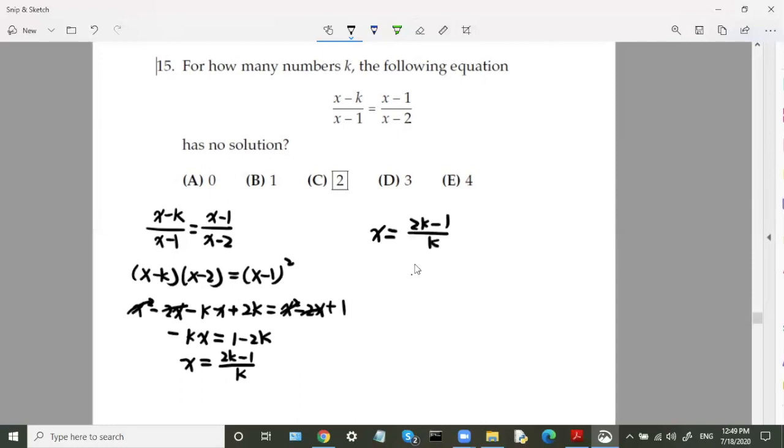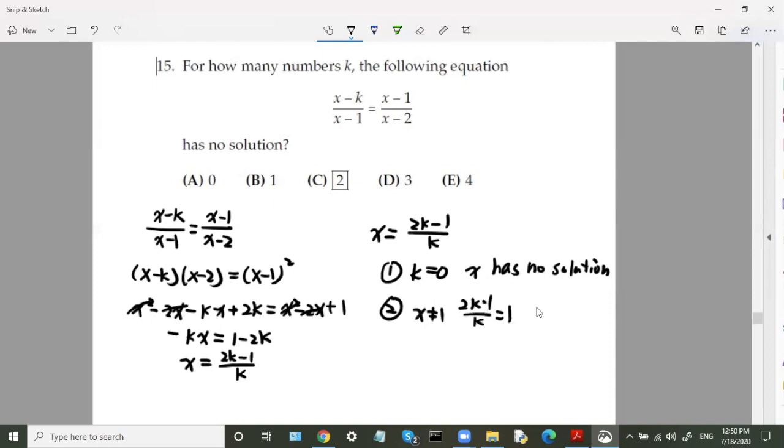So x equals (2k − 1)/k. First, of course, if k equals 0, x has no solution. The second, because x is in the denominator, x cannot equal 1. So if (2k − 1)/k equals 1, x has no solution.